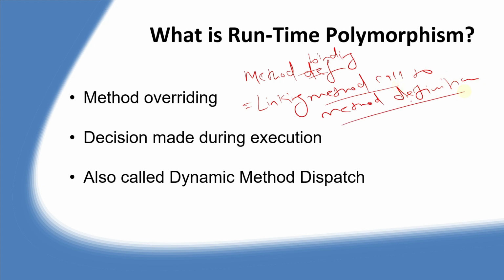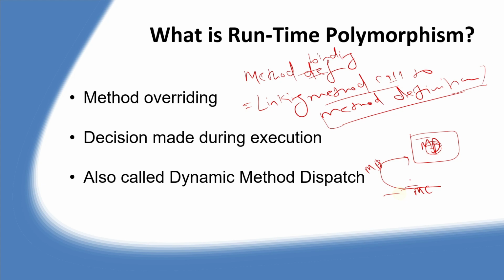I hope by this time you know what is method definition. Method definition means whatever we are writing inside the method, that is the definition. And method call means we are calling the method. We have defined some method, and in one line we are calling that method. So linking method call with method definition is called method binding.